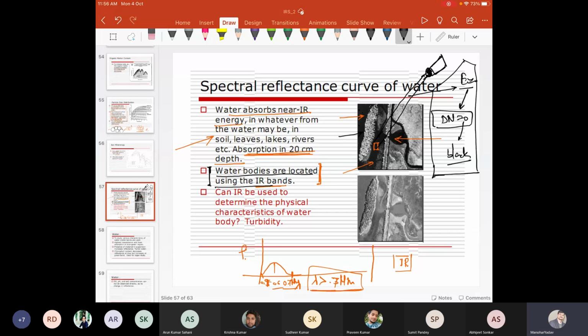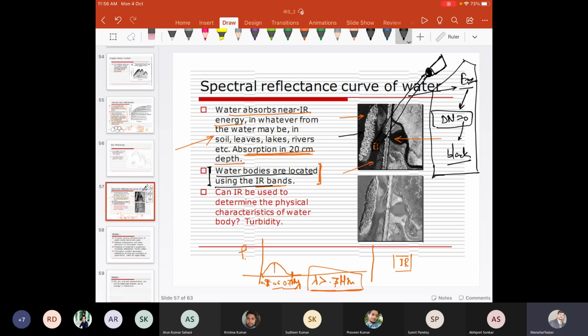At this point of time, you just need to keep in mind that when the reflectance is very low, or close to zero, like in this case, in an IR band water completely absorbs the energy, so we don't have any reflected energy. But still, for this pixel, the sensor senses the energy as equal to zero, because there is no reflected energy.